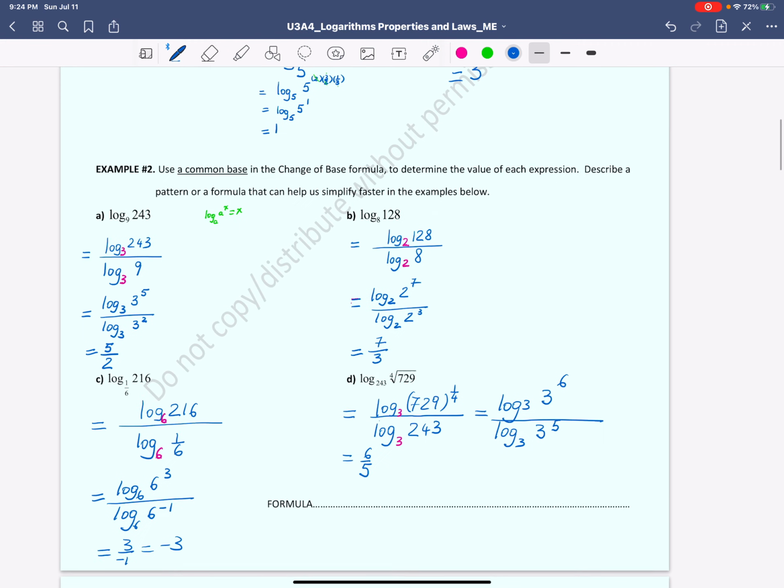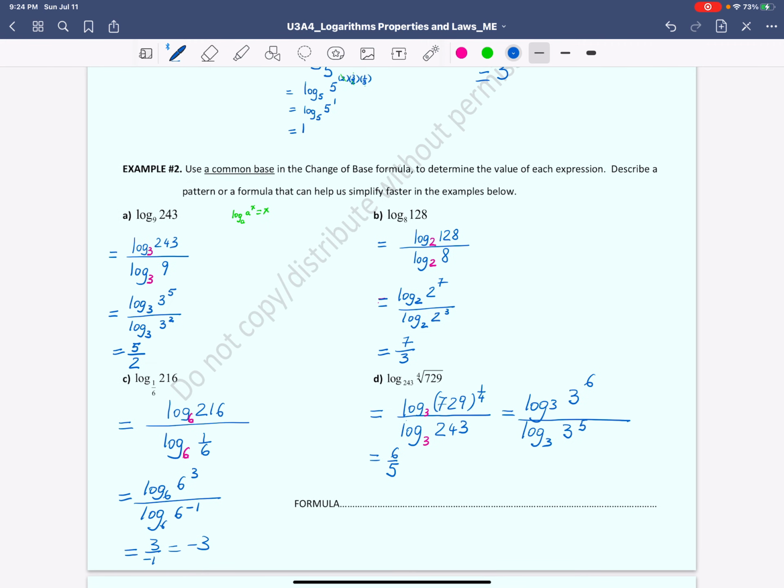Okay. So as you see in here, the change of base formula helped us simplify each and every expression. And not only that, but you probably noticed that the answer was always the ratio of the powers.